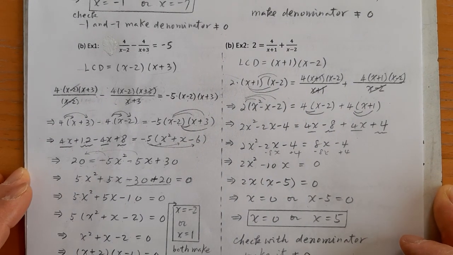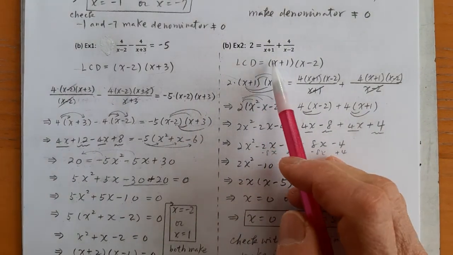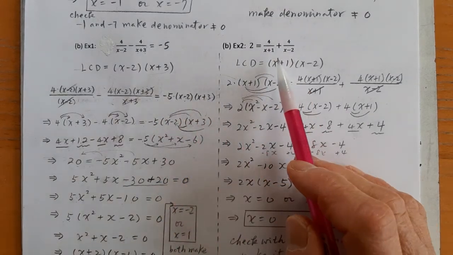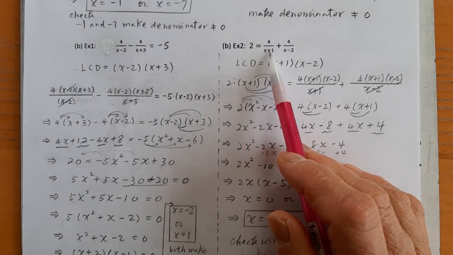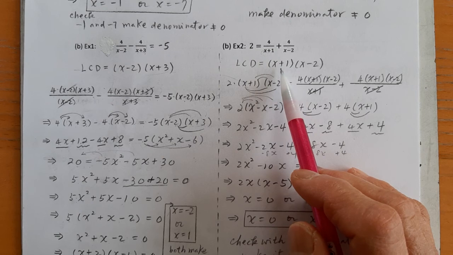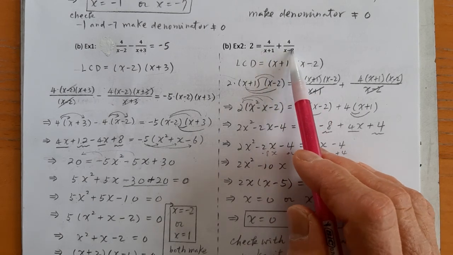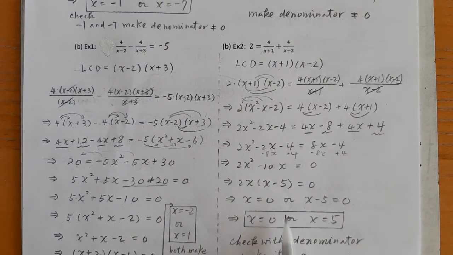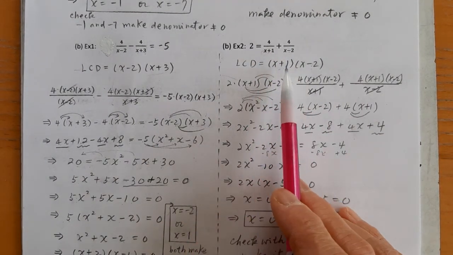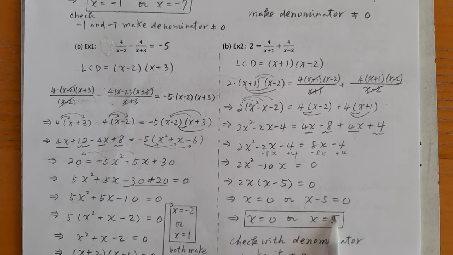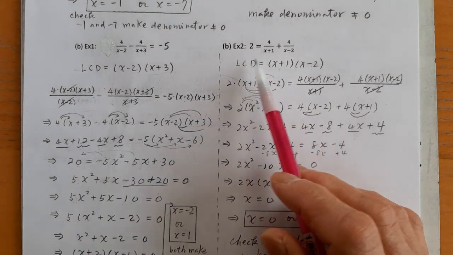Example 2. This one is also similar. Find the LCD. The common denominator is x plus 1 times x minus 2. Multiplying the two denominators together gives this common denominator. Then multiply each term by this LCD, and we can remove the denominators.